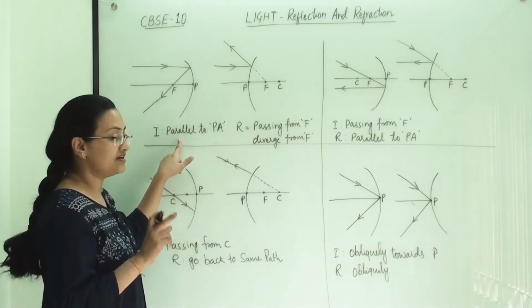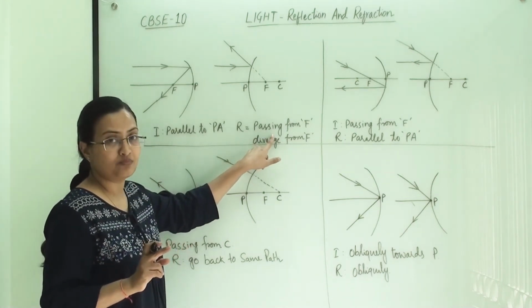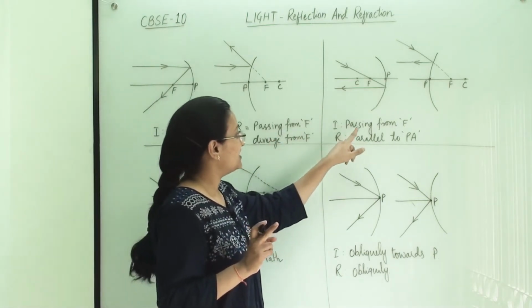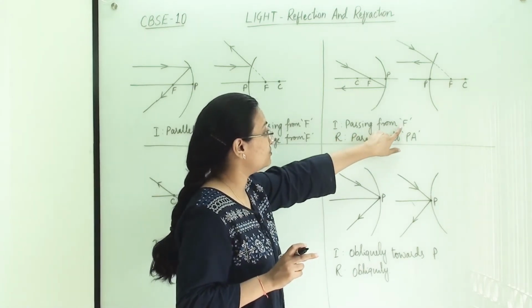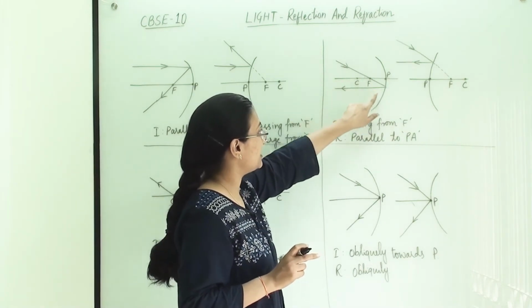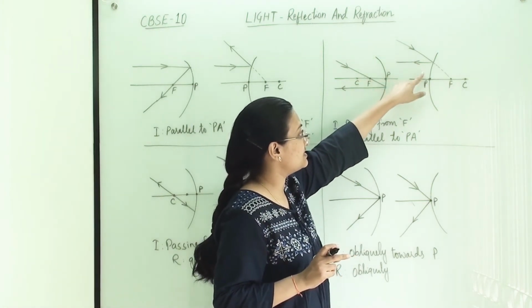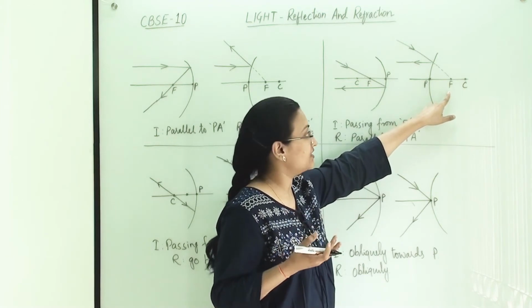When the incident ray is coming parallel to the principal axis, it will pass through the focus point of the concave or convex mirror. Then in the second case, when the incident ray is passing through the focus point, here we are diverting the incident ray such that it will meet the focus point behind the mirror.